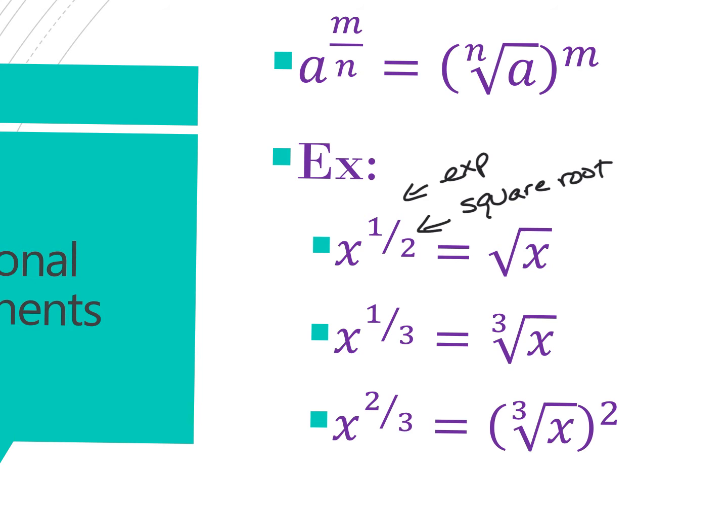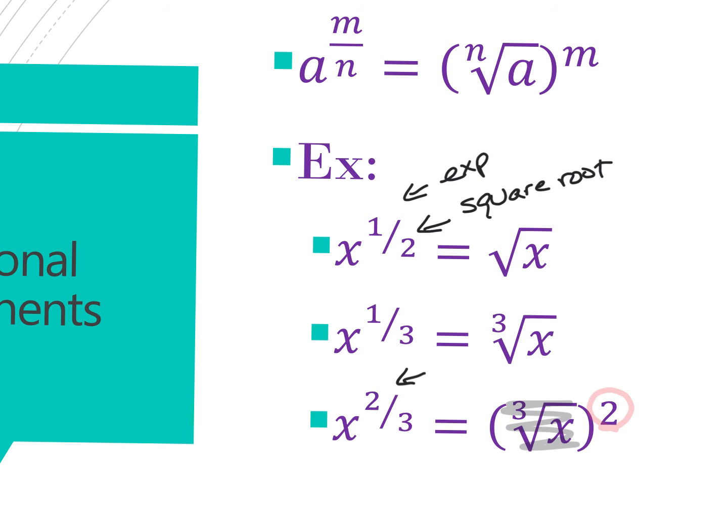Or if it's raised to the 1/3 power, we're going to be finding the cube root. However, if you have a numerator, then after we find the cube root of the number, we have to raise that number to whatever power is in that numerator. So this would be squared. So we'll try some examples.